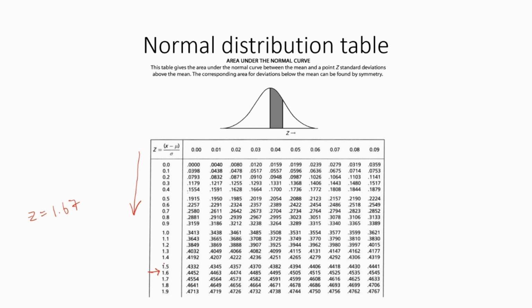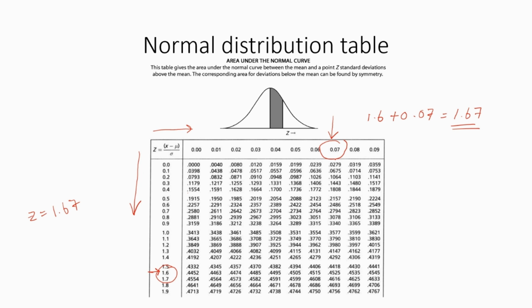We need the value for 1.67. So now go to this row: 0.01, 0.02, 3, 4, 5, 6, 7. Here. This is the column we need. Here 1.6 and here 0.07. 1.6 plus 0.07 equals 1.67. This is the value we need.